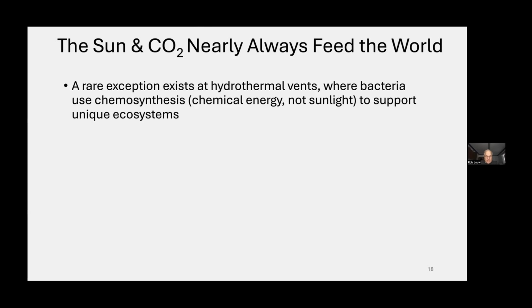But there is a rare exception on Earth where sunlight can't drive the photosynthesis, and this is where bacteria use chemosynthesis at the Earth's hydrothermal vents. In the chemosynthetic process, chemical energy, not sunlight, is used to support their unique ecosystems.